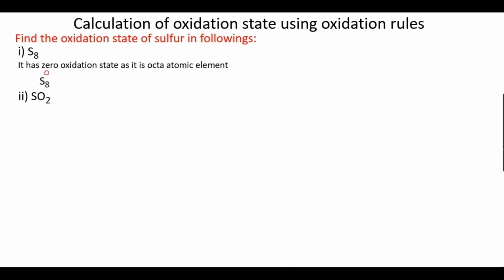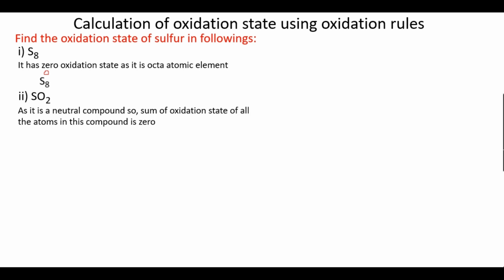Next example is about sulfur dioxide, and we are going to find out the oxidation state of sulfur in this compound. From the fourth rule, we learn that the algebraic sum of the oxidation states of all the atoms in a neutral compound is always equal to 0. So keeping that rule in our mind, we can easily calculate the oxidation state. In this compound we have 3 atoms, 1 sulfur and 2 oxygen.